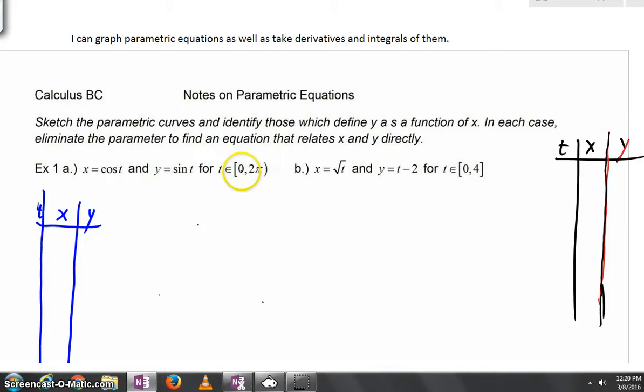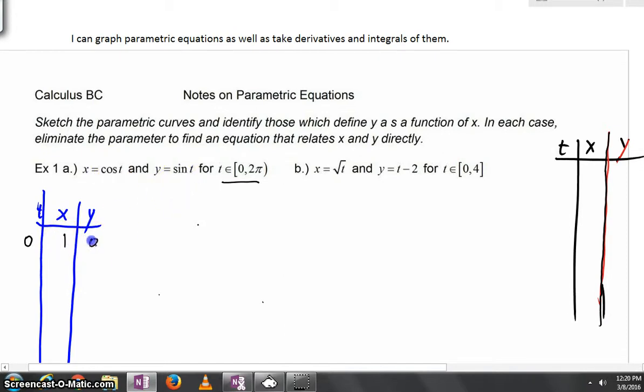But let's think about this. t is going to go from 0 to 2 pi. And much the same way we first graph any function or any new graphing situation, we can make a table. You can see I've made tables over here. Certainly you are free to substitute in t equals 0. The cosine of 0, of course, is 1.